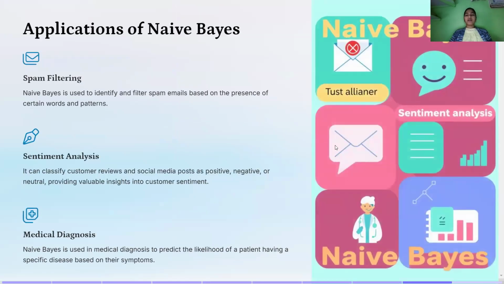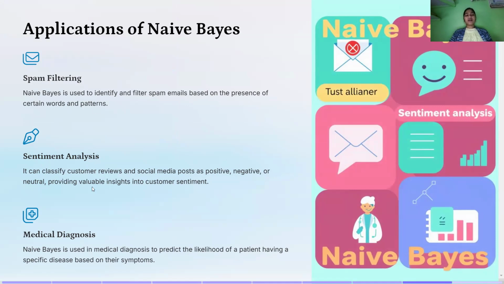Applications of naive Bayes. There are many applications of the naive Bayes theorem. Here we discuss only a few. Spam filtering. Naive Bayes is used to identify and filter spam emails based on the presence of certain words and patterns. Sentiment analysis.